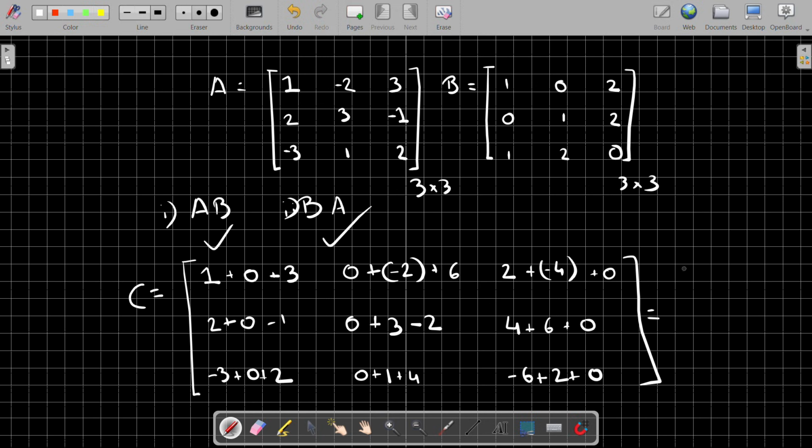Simplifying it further will give us 4, 4, minus 2, 1, 1, 10, minus 1, 5, minus 4.